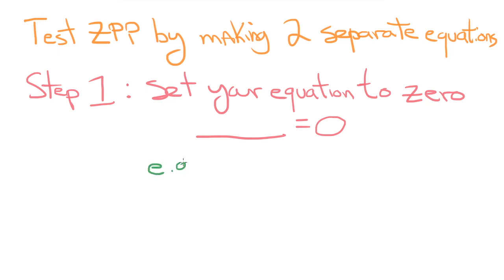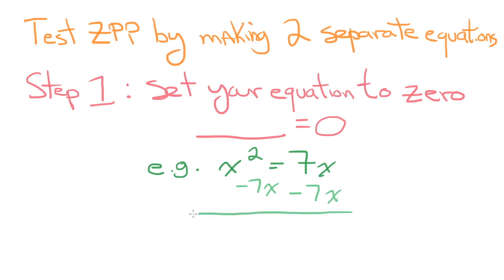Let's just say you had x squared equals 7x. Does that equal 0? It does not. So we're going to go and make it equal 0. I'm going to subtract 7x from both sides. I'm allowed to do that by the power of algebra. And then what do I end up getting? I get x squared minus 7x equals 0. So far so good, for sure.